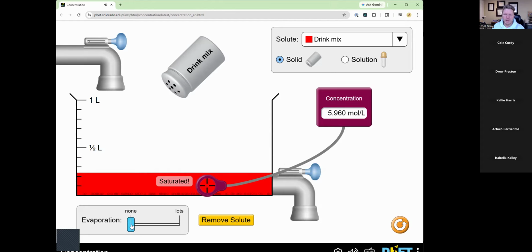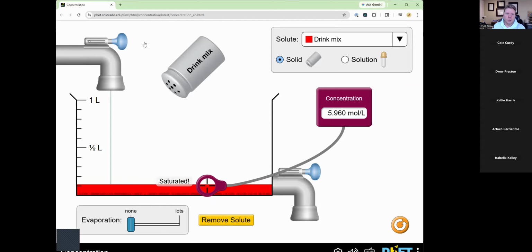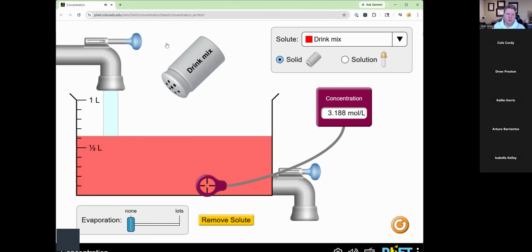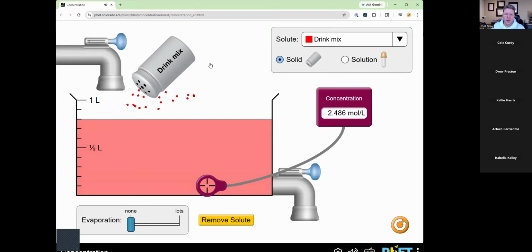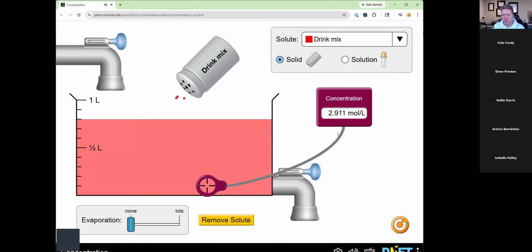Whenever I make this water evaporate more and more, what's happening to the concentration? At some point, it stops changing. Now, if I have a very concentrated solution and I add water, I can continue adding water, and that concentration is going to go down. Add more drink mix, it becomes more concentrated.